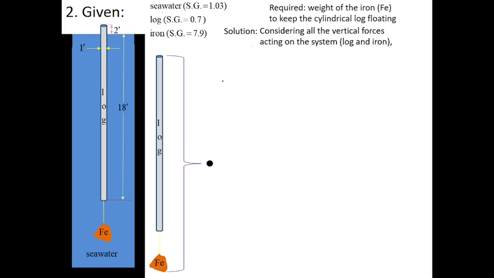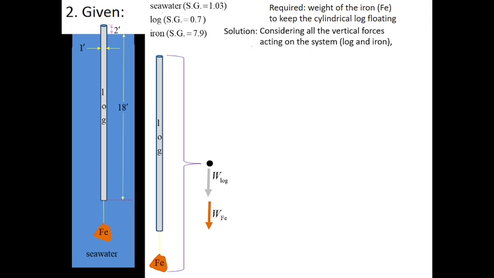So, in that case, we now consider all the forces acting on the system. First is the weight of the log. Another, the weight of iron. So, this is our system. Considering the system, the log has weight, the iron has weight.